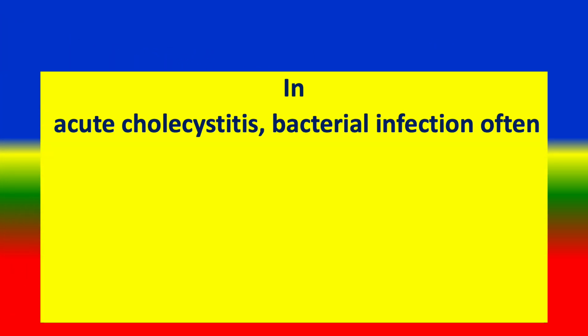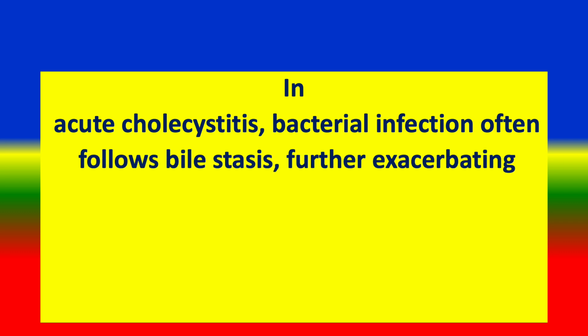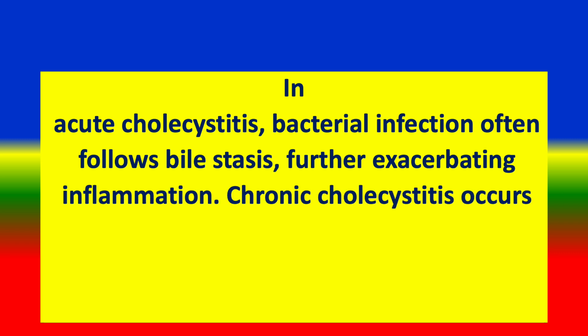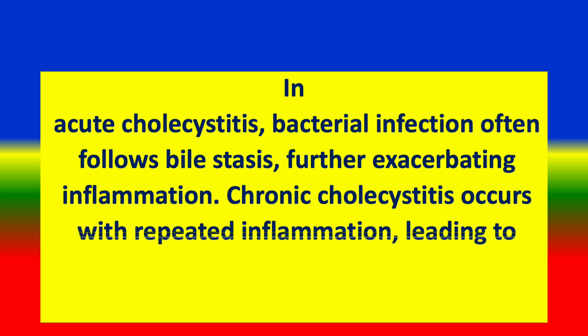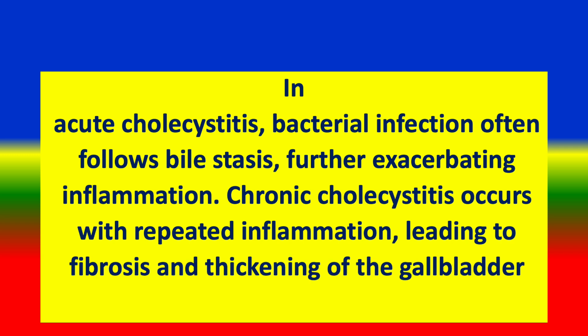In acute cholecystitis, bacterial infection often follows bile stasis, further exacerbating inflammation. Chronic cholecystitis occurs with repeated inflammation leading to fibrosis and thickening of the gallbladder wall.